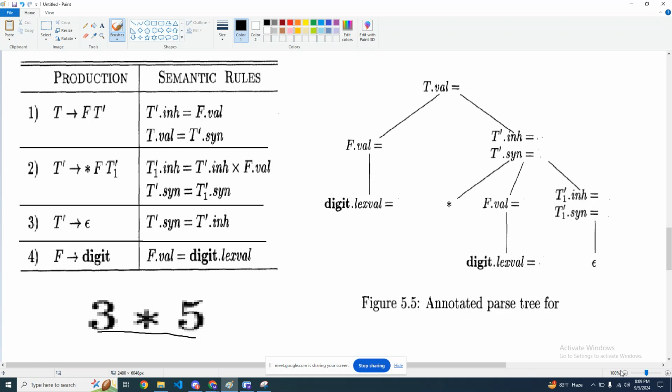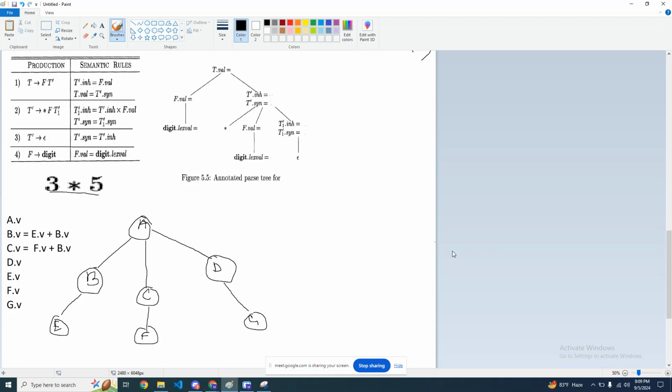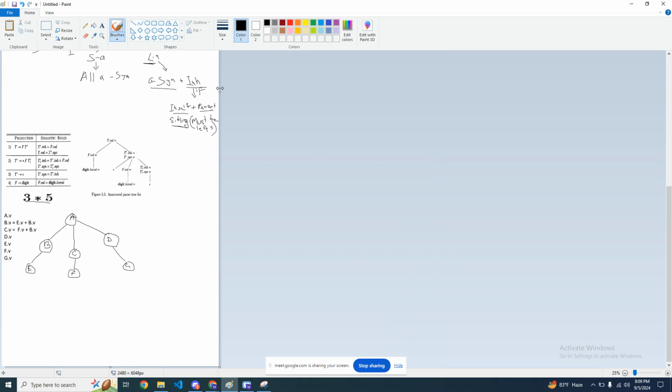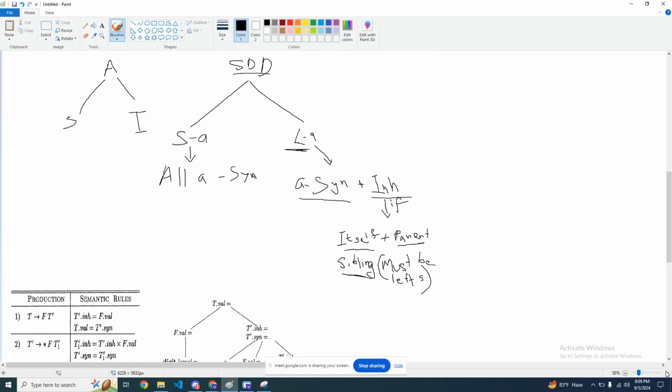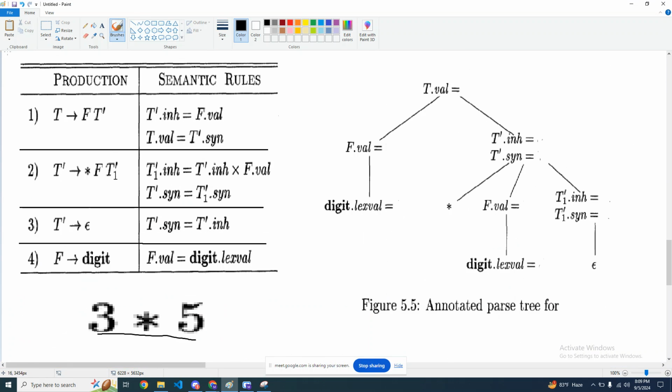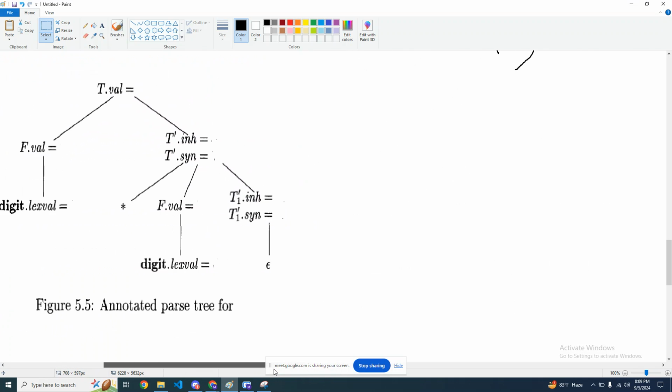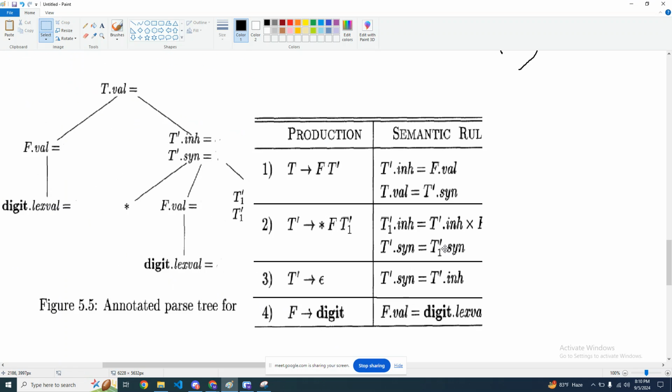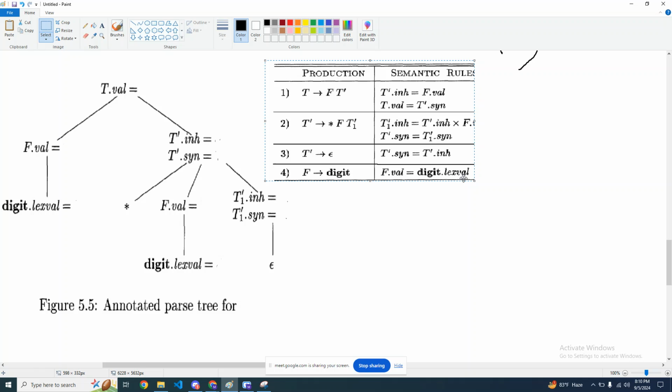So if you start from the start symbol, we can start from T, right?